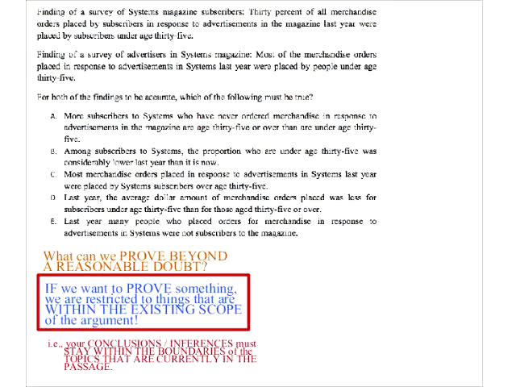So on these problems, you have to stay within the existing scope of the argument. Once again, it needs to be emphasized that this is absolutely not true for other question types. For instance, on strengthen and weaken, you have to be outside the scope of the argument. In fact, on strengthen and weaken and on explain the situation type problems, you absolutely have to be outside the scope, or your answer is wrong. But on these questions, you have to stay within the scope of the argument.